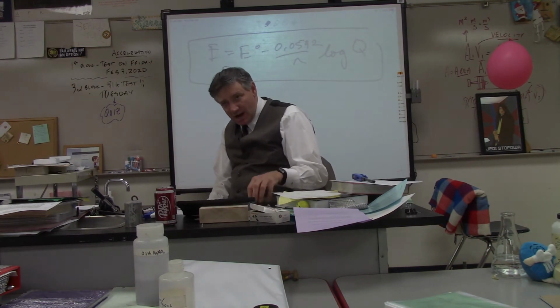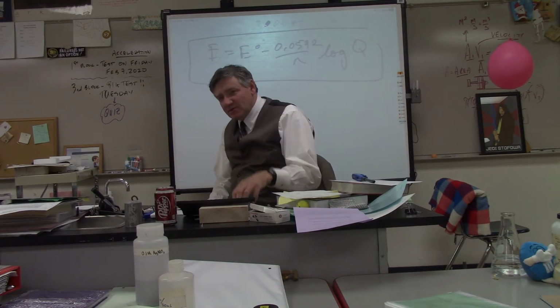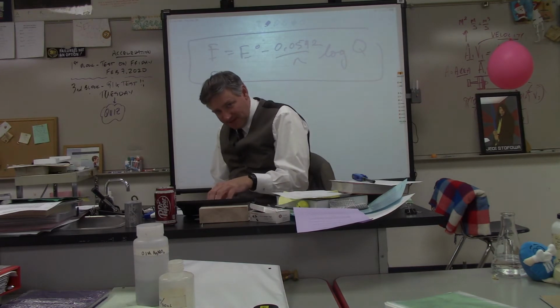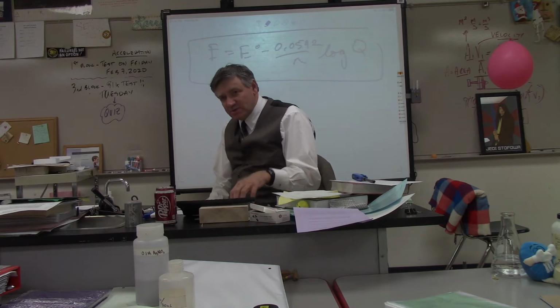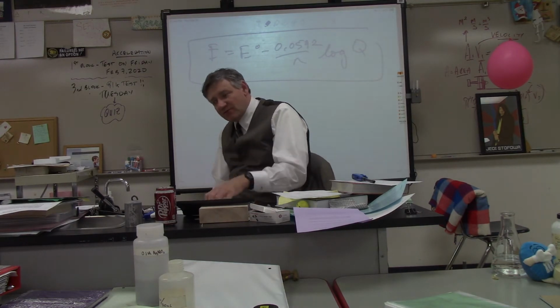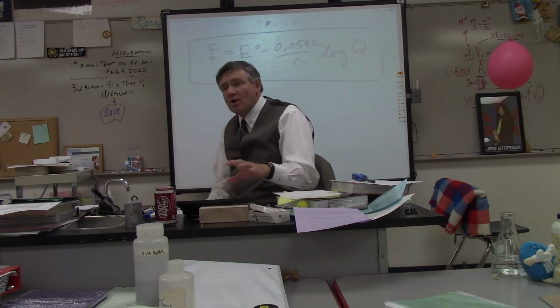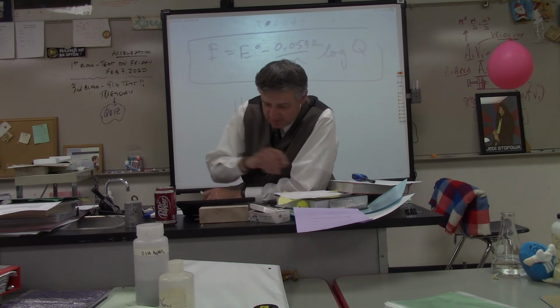If something's going to oxidize magnesium, what are you going to make magnesium do? You're going to make it lose an electron. So the question is, which of those elements can take away an electron from magnesium? Now, would Na+, let's talk about sodium.